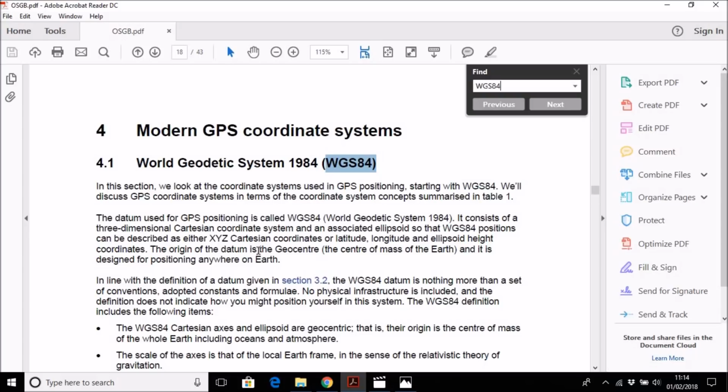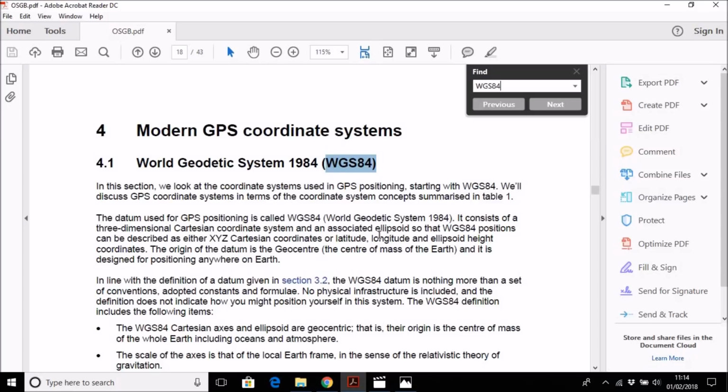The origin of the datum is the geocenter, the center of mass of the Earth, and is designed for positioning anywhere on Earth. So, to suggest that the WGS84 is in fact a flat disk of any sort is incorrect. It's a coordinate system and an associated ellipsoid.